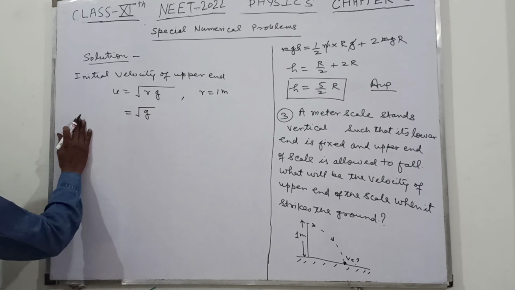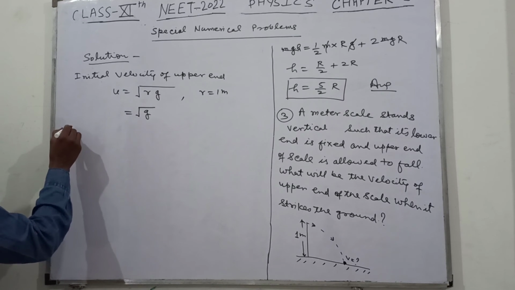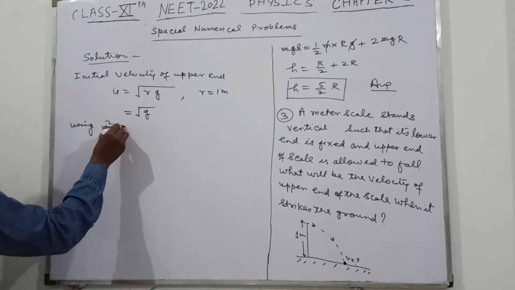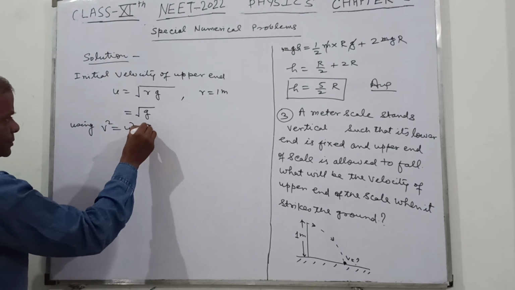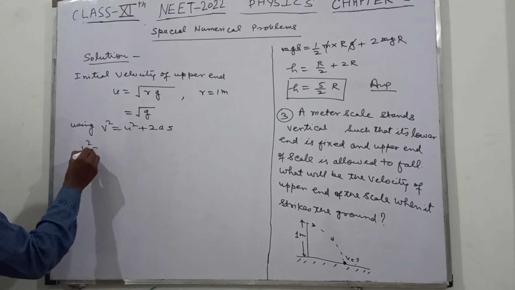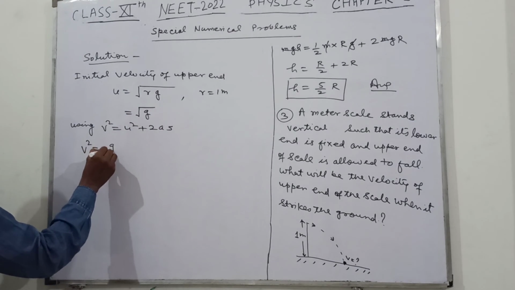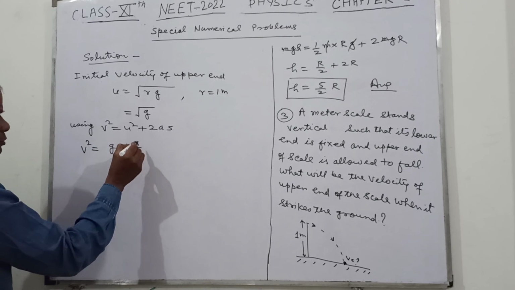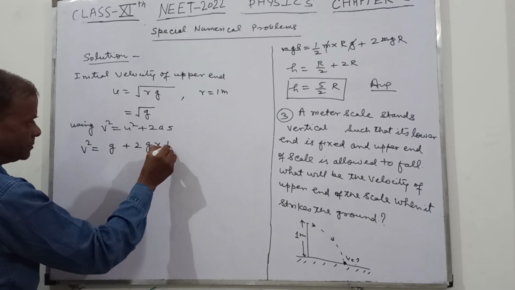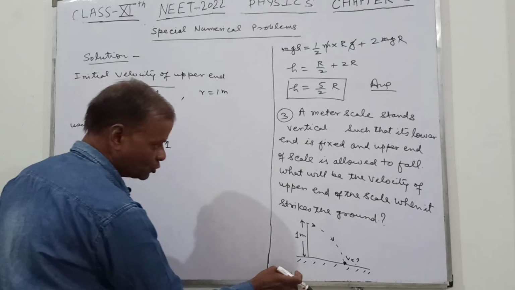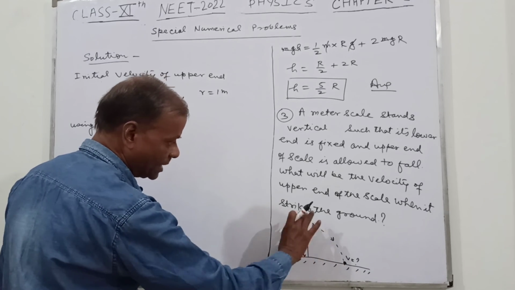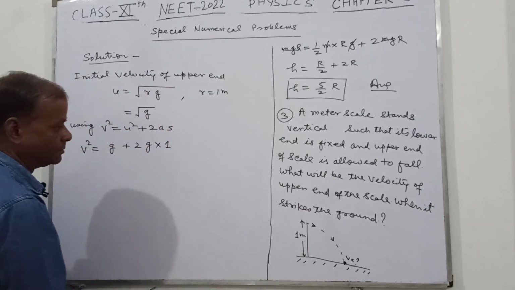Then using v square equals u square plus 2as, u square is g, a is equal to g, and s is equal to 1 meter, the vertical height.